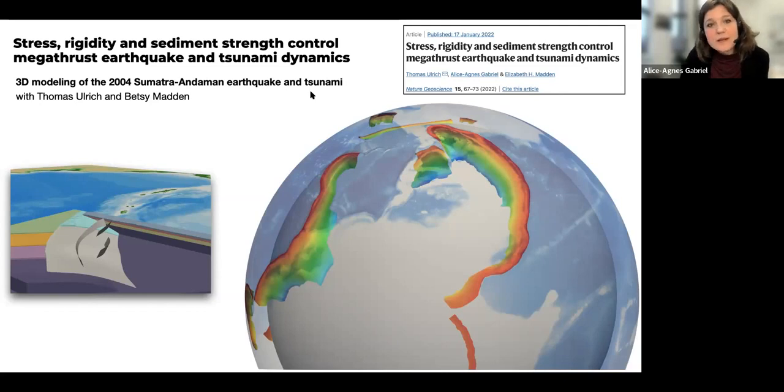And we've been informing those inferences by 3D modeling of the 2004 Sumatra earthquake and tsunami. And this is a model here of the Sumatra megathrust we've been including, and also 3 splay faults that are part of the model. And this is just a visualization of the Slab 2.0 model of all large megathrusts worldwide.